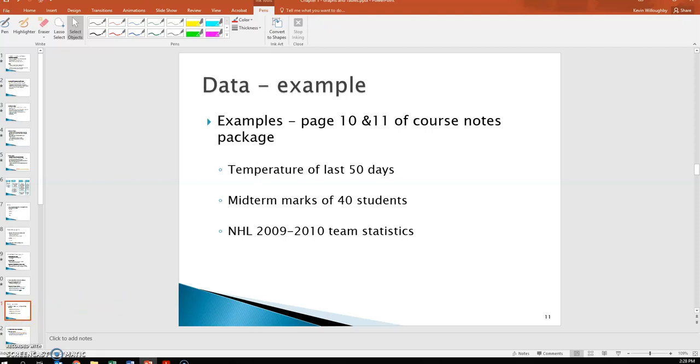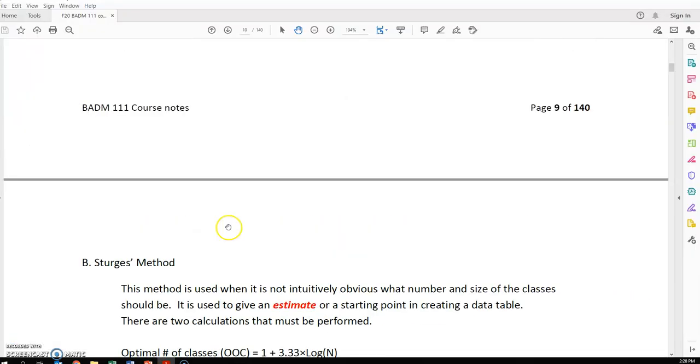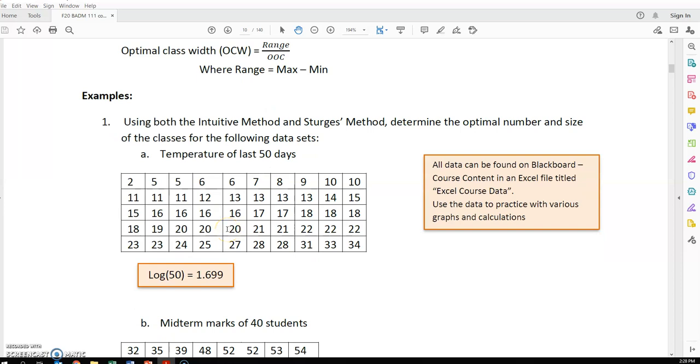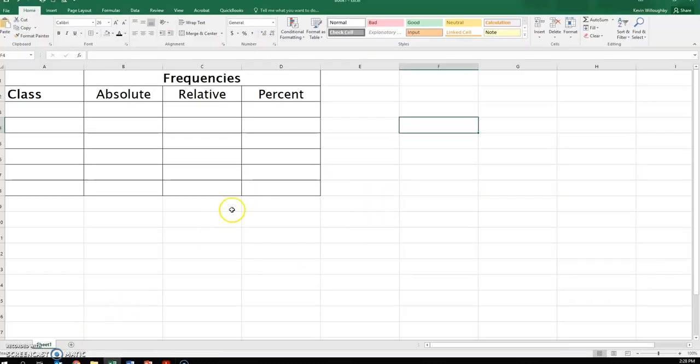These examples are on pages 10 and 11 of your course notes. So let's go to our course package here, 10 and 11. Let's just work on the temperature of the last 50 days. Log 50. If you don't have a log function, you can go to Excel, type equals log bracket 50, and there's that log number, 1.69897.